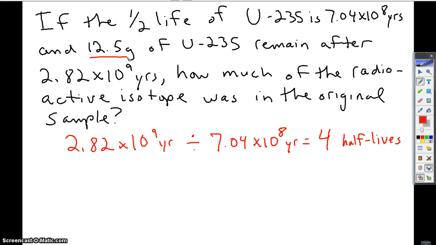So the first thing, and I've done it already, is let's take the total time, 2.82 times 10 to the 9th years, divided by the half-life. And in this case, we get that 4 half-lives have taken place. Okay? And if we ended up with 12.5 grams, now we've got to do the reverse and double it.